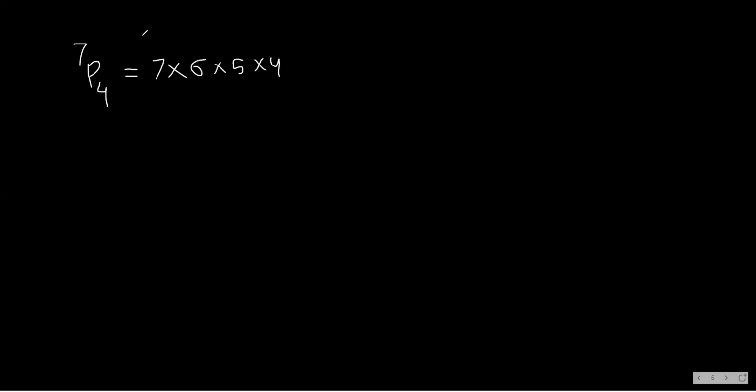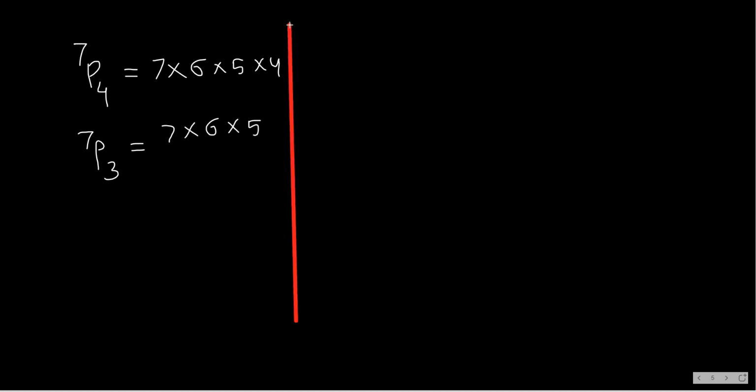You have written 4 numbers because we have 4 here. So if I have 7P3, I would write 7 into 6 into 5. That's it.